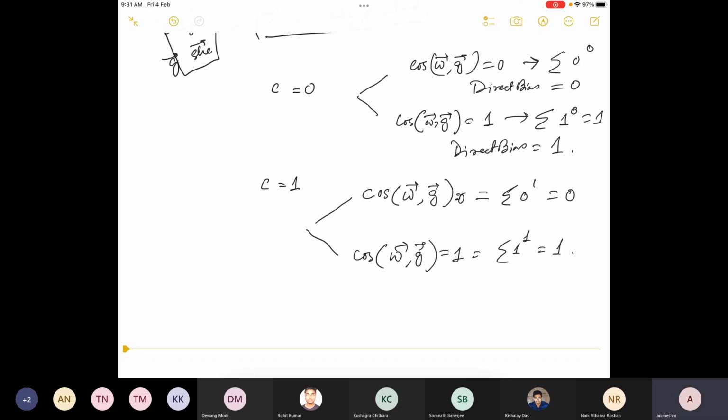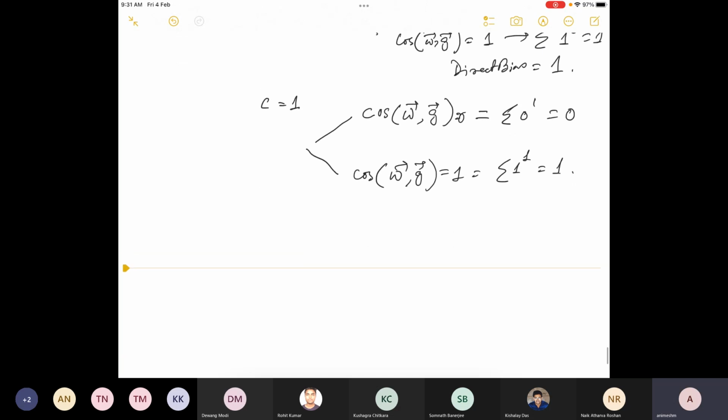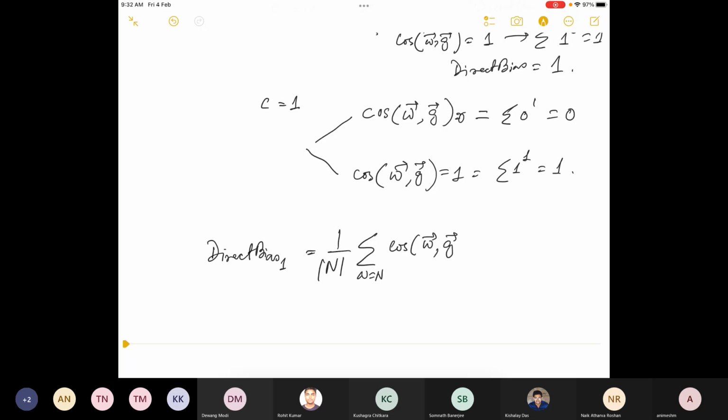So you set the direct bias parameter to 1, and therefore your definition changes to, as simple as that.